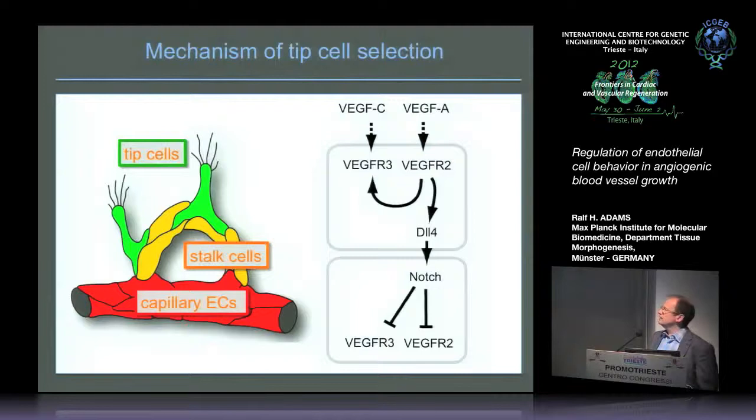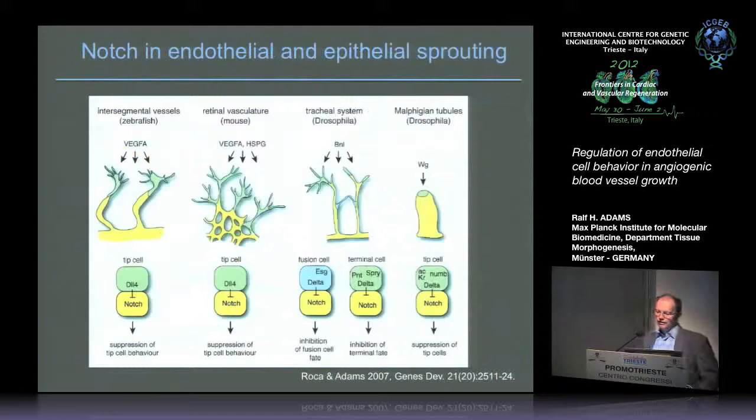That leads to the activation of Notch receptors in the adjacent stalk cells, and it's thought that this then represses the expression of VEGFR2 and VEGFR3 in the stalk cells, so that these cells have lower levels of these receptors and respond less to tissue-derived growth factors, VEGF-A and VEGF-C. So that's the model. And it's actually not only a concept that applies to vascular growth.